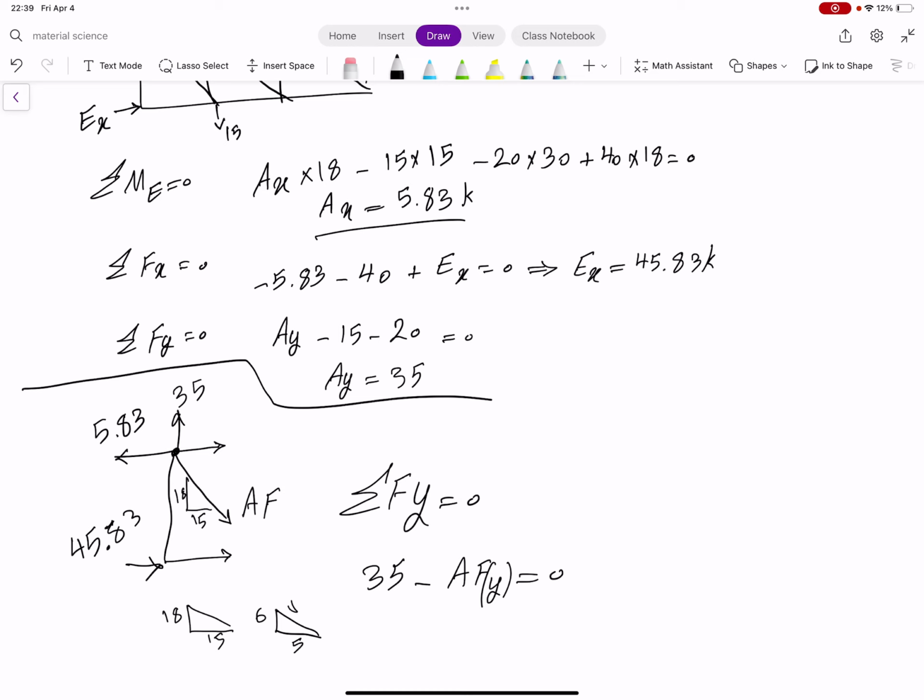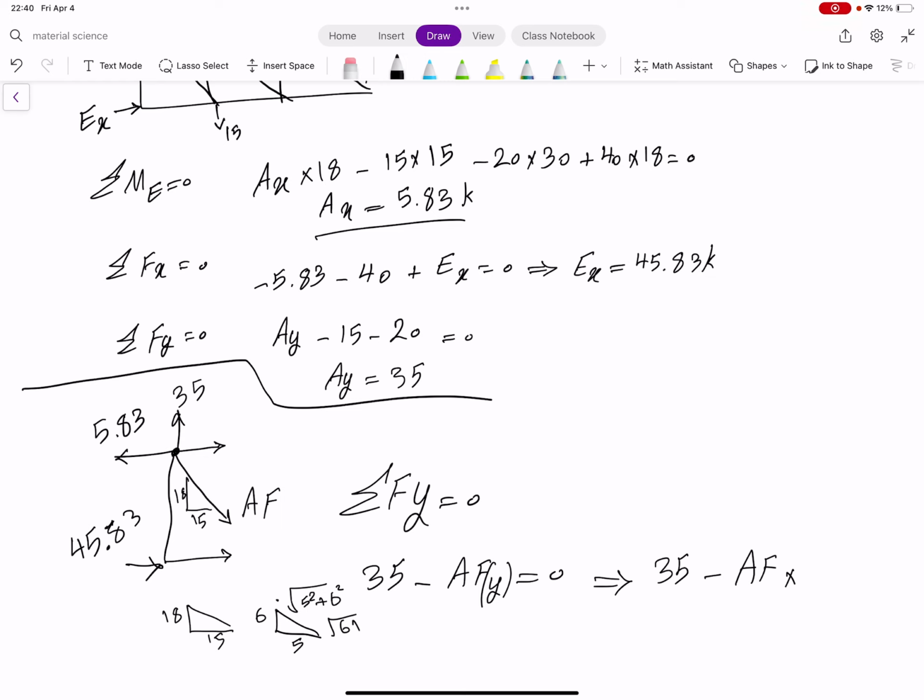So if I use that one, 5 squared, hypotenuse. I'm trying to find the hypotenuse. This is 36. This is 25. So that will be 61. Okay. So I need to find the Y component: 35, AF times the Y ratio.